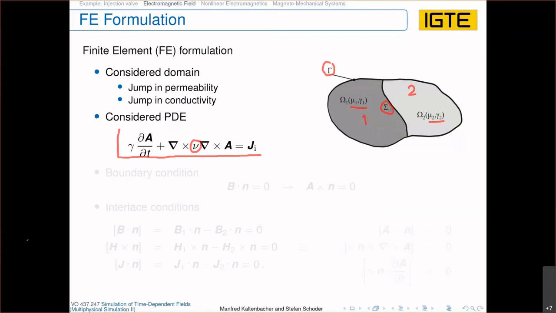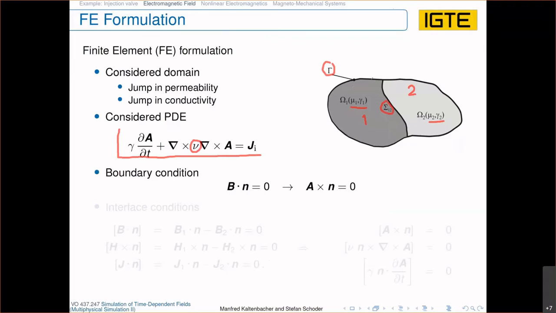Okay, furthermore, we clearly need boundary conditions, and for the first case, we use the simple boundary conditions which are always fulfilled. As we know, the magnetic field is a so-called solenoidal field, and for a solenoidal field you always have closed flux lines, which means the flux lines cannot go out of our domain.